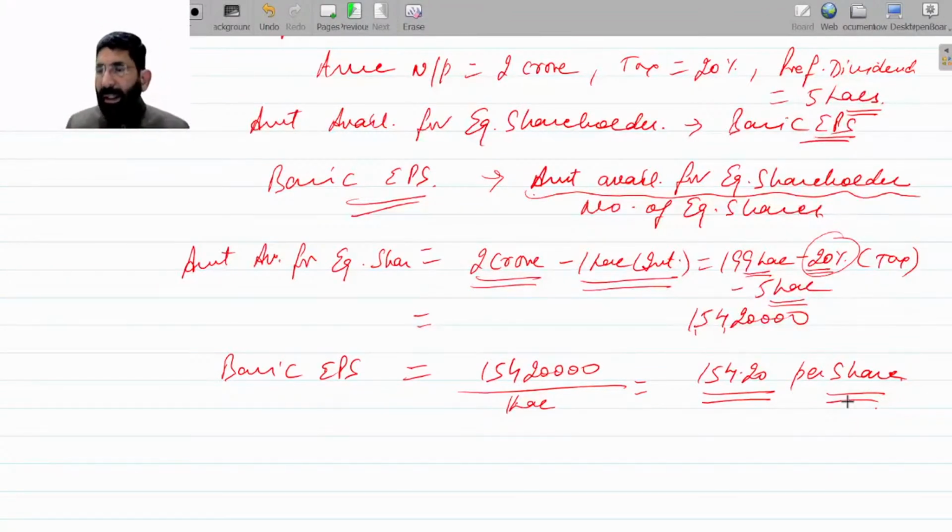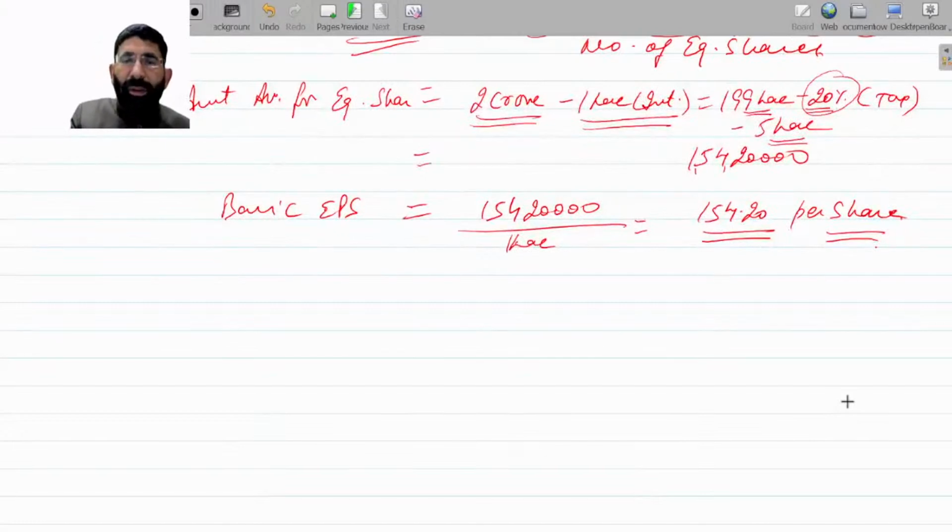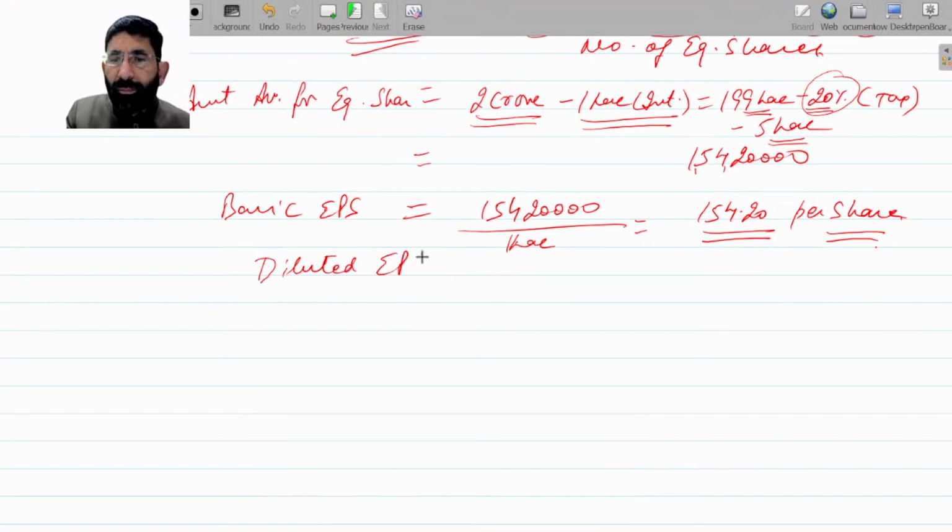So now get the diluted EPS in this case. How to calculate the diluted EPS? For that, first of all, you have to calculate the amount available for equity shareholders again.